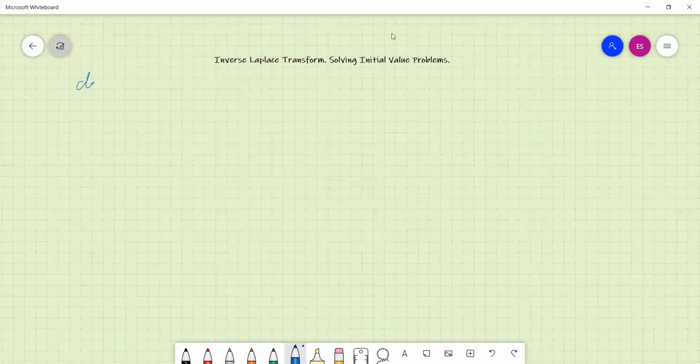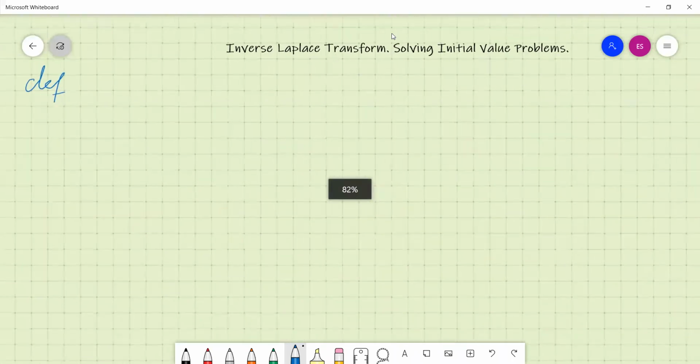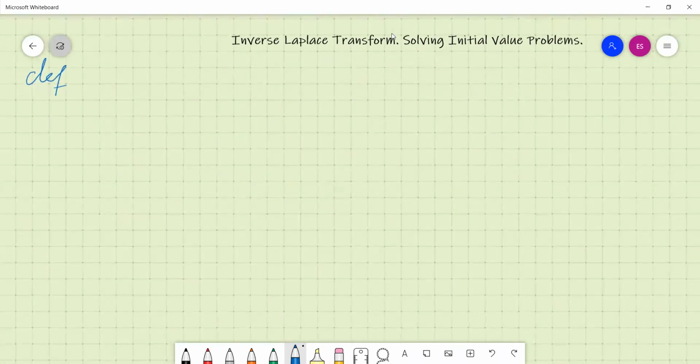Definition. Sorry, a little bit of... Let me erase this, it is too big. Okay, definition.